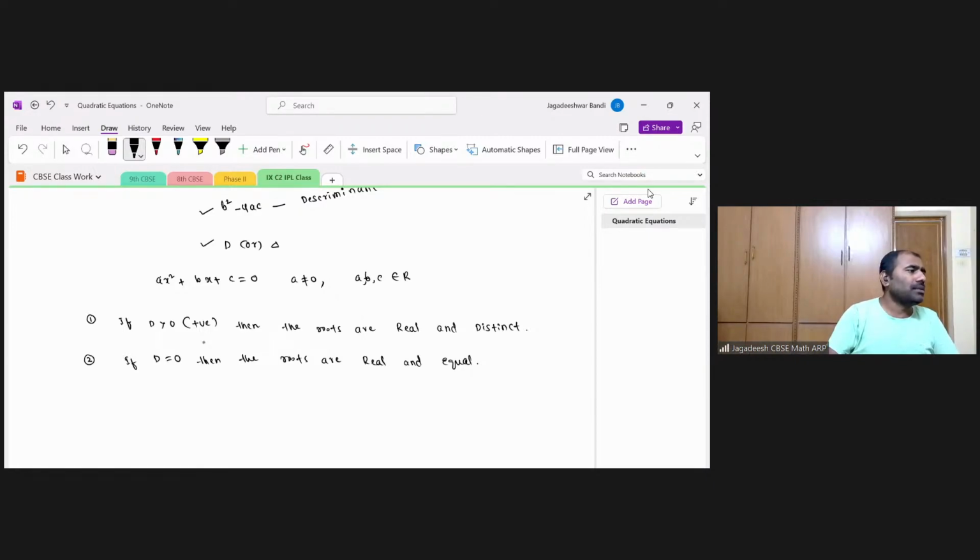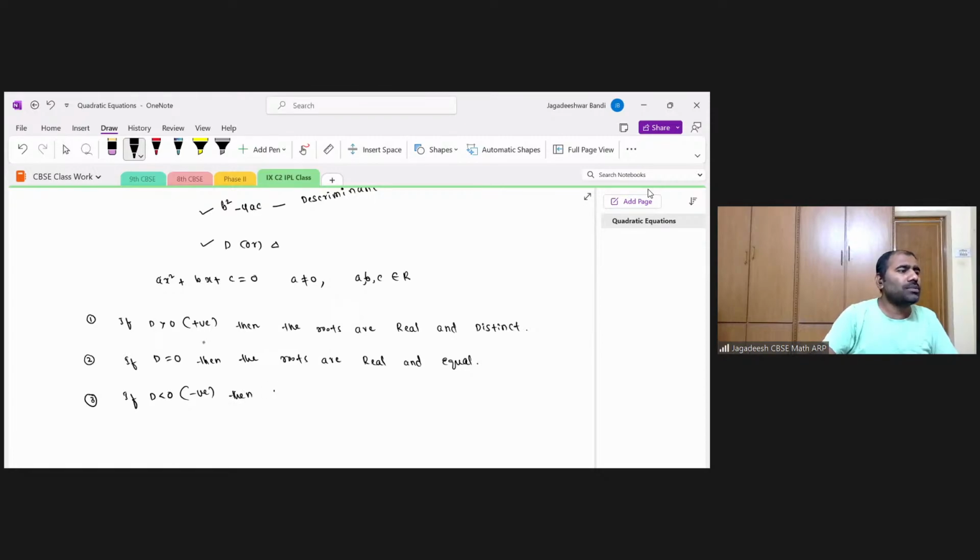Okay, fine. Third condition. Suppose that value is less than 0, meaning negative. After finding b square minus 4ac, if you observe that value is negative, maybe minus 40, suppose, then what type of roots will that quadratic equation have?